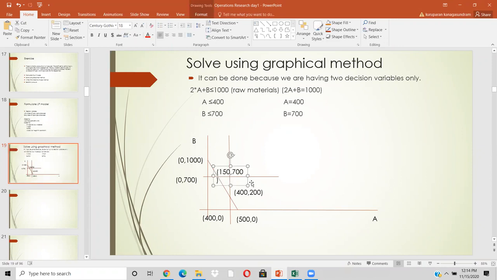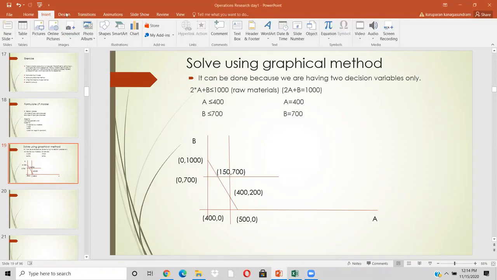Now say whether the region above this line or below this line is feasible, above or below. Below the line. The reason is B should be less than or equal to 700. So if you go above, you will get the value for B more than 700. So to get less than 700, this is the region.